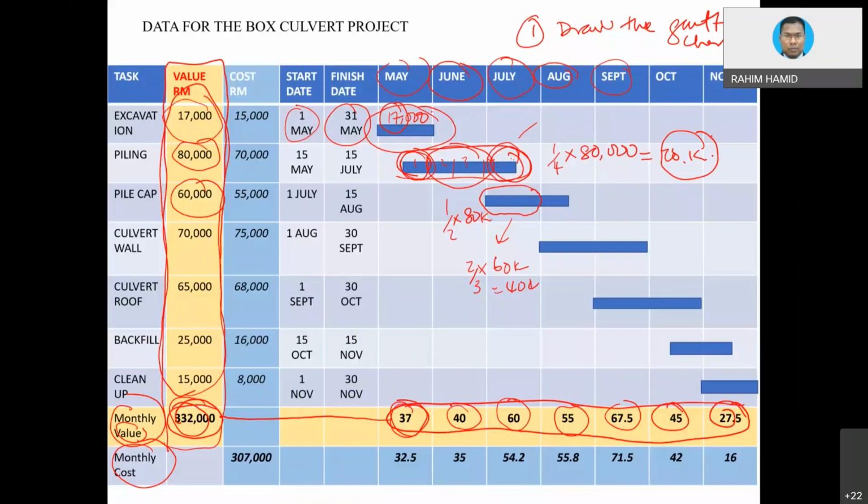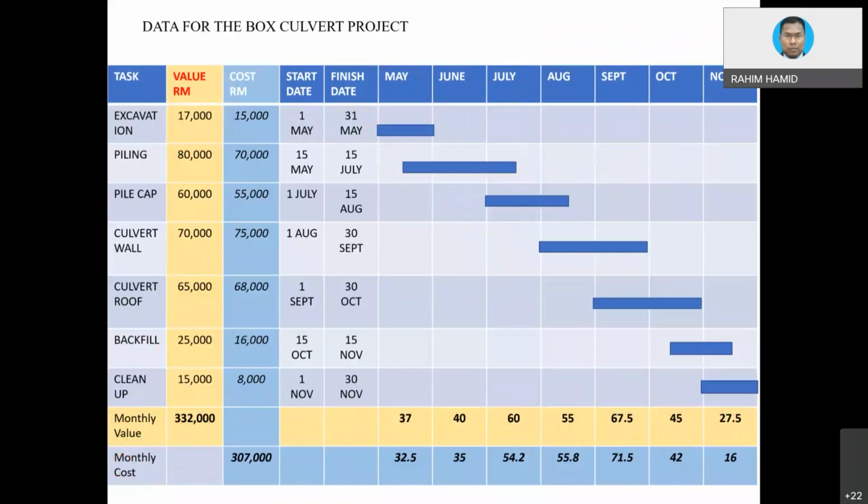For monthly cost, you use the blue color. Now you focus on this amount. We are going to use the same bar chart because the bar chart is only one, except for the value we use to calculate. In the month of May, this is equivalent to 15K.